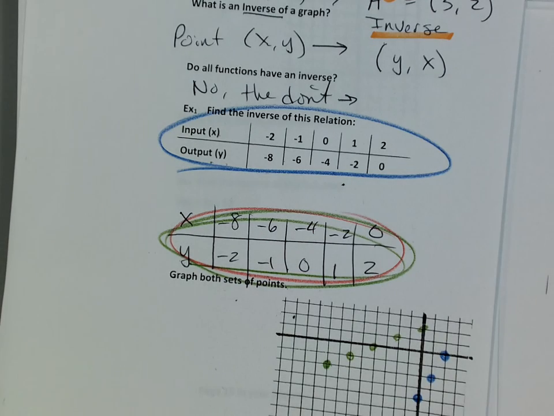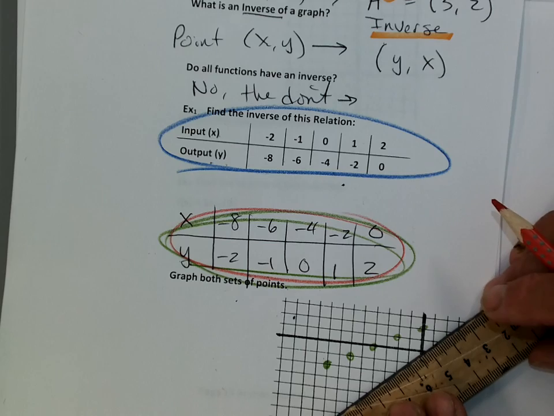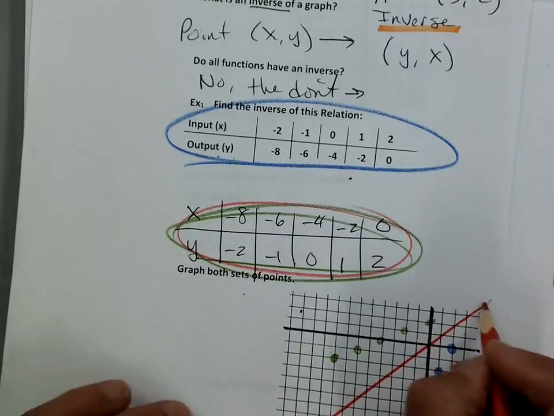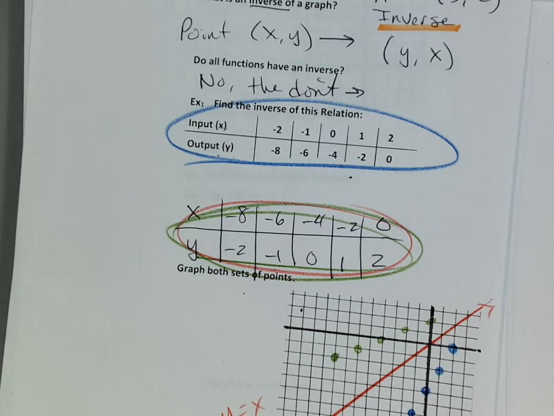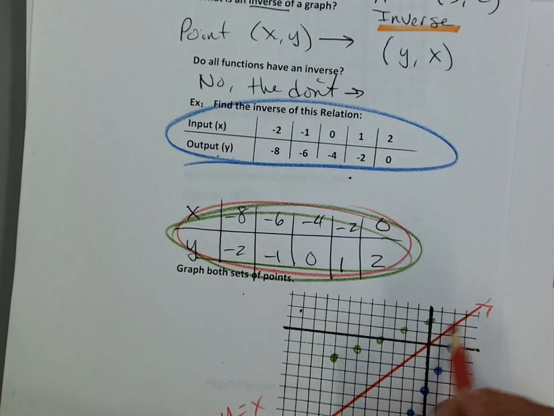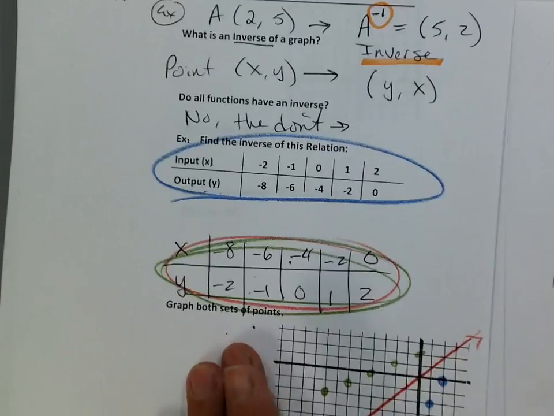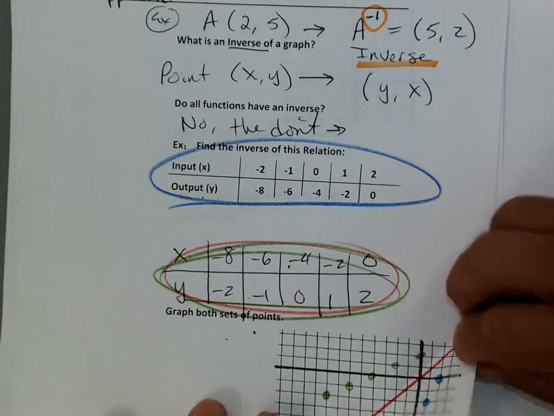Now, here's something that we want to see. And that's why I wanted to save my red for something else, okay? So it turns out, and this hopefully won't surprise you too much, that if you take this line right here, and I'm going to draw in this line right here, okay? This is the line y equals x, which is start at 0, up 1 over 1, up 1 over, that's the line y equals x. That you'll see a reflection or a fold. I don't know if you guys can see this or not, but if you were to take this and fold it over this line, the points fold right onto each other, right?